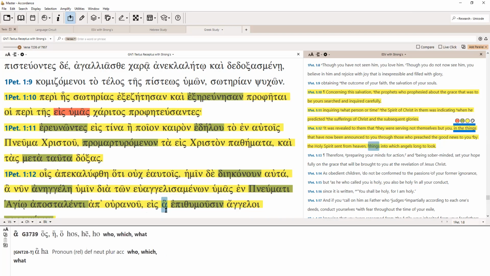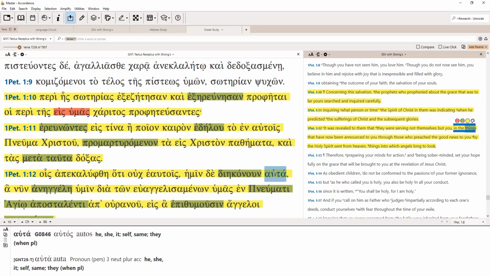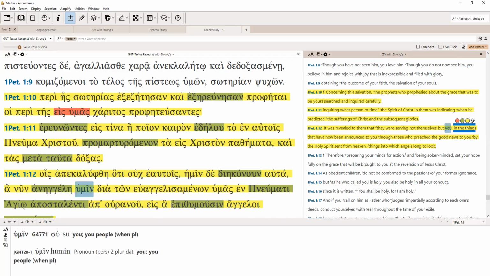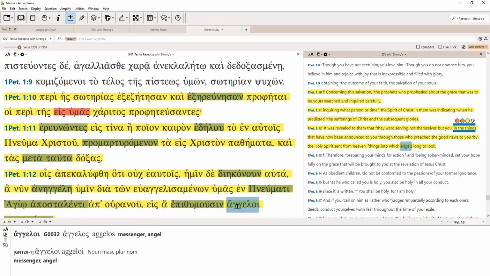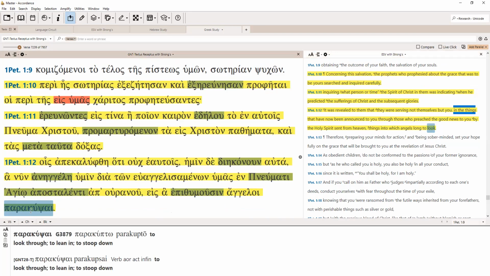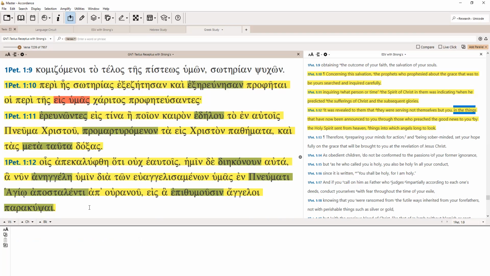And then into which, so here he's modifying the ta with the ha, is ha epithumousin, the angels desire or long to look, or to peer, or to peek at. Okay.